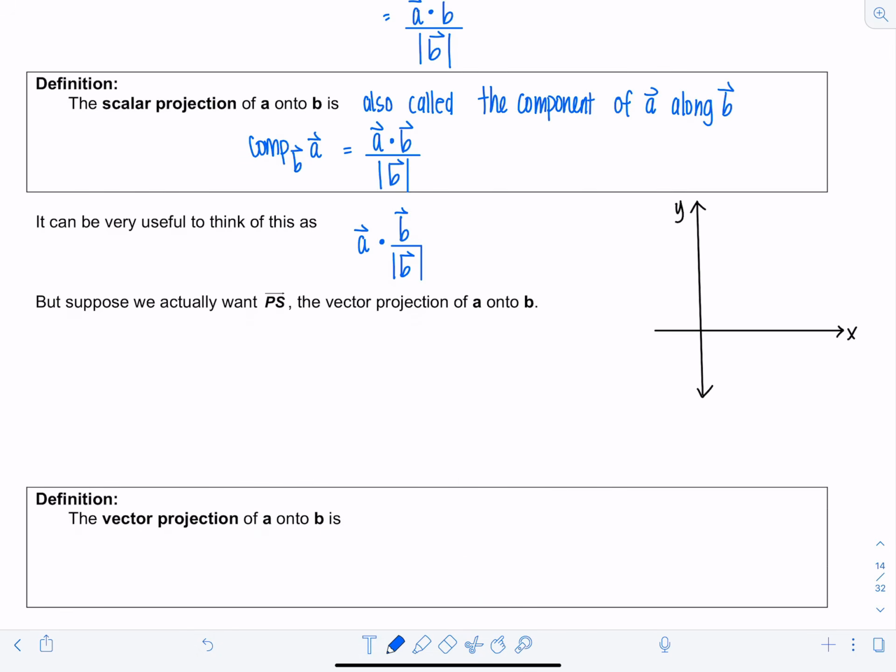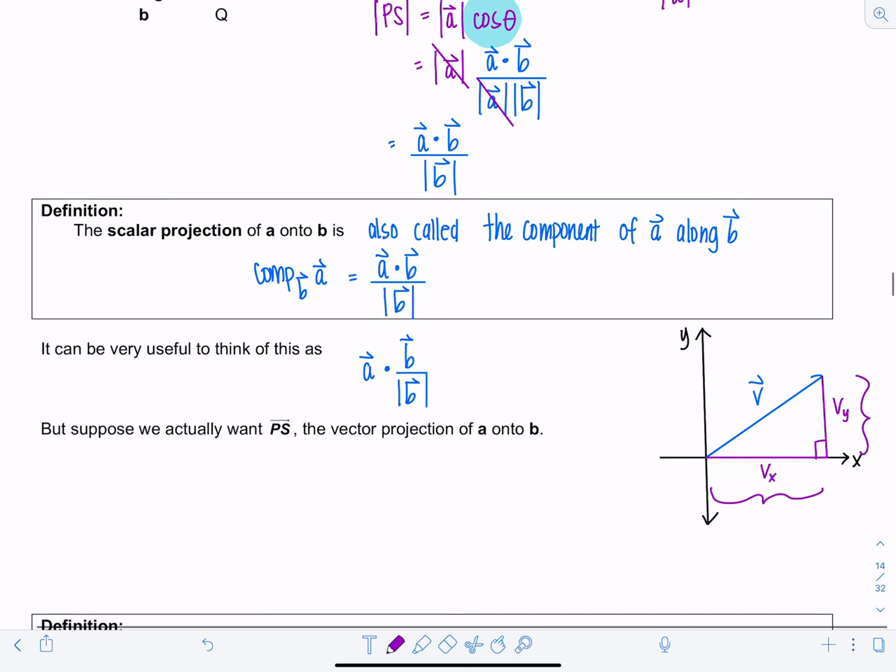So say you have this vector V, and we're going to decompose it into its horizontal component, V sub X, and then V sub Y. So this is basically its scalar component along the x-axis, and this is its scalar component along the y-axis.